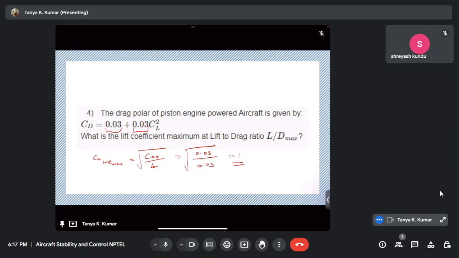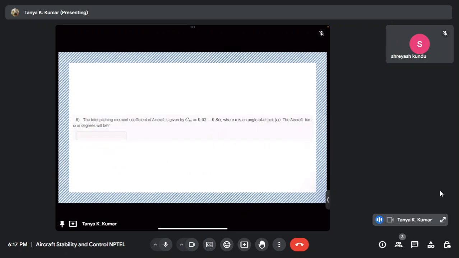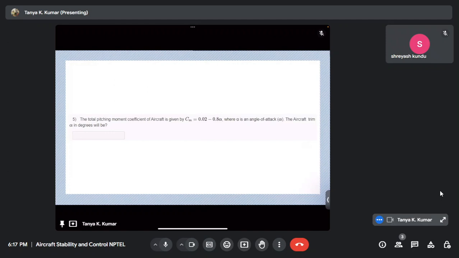The total pitching moment coefficient of an aircraft is given by Cm equals 0.02 minus 0.8 alpha, where alpha is the angle of attack. The aircraft trim alpha in degrees will be? Trim is when the sum of forces and moments is 0, so in this case when the pitching moment is 0. So Cm equals Cm naught plus Cm alpha into alpha equals 0.